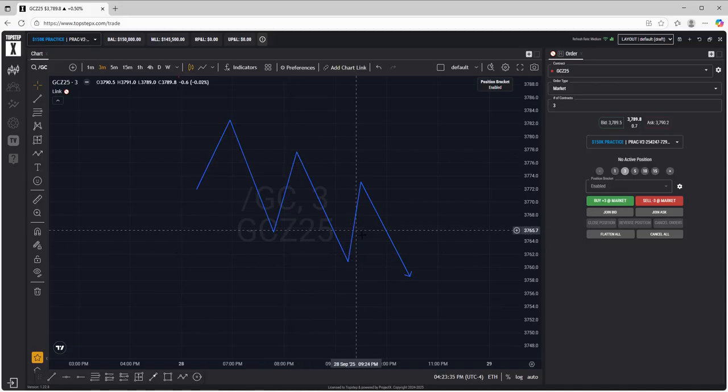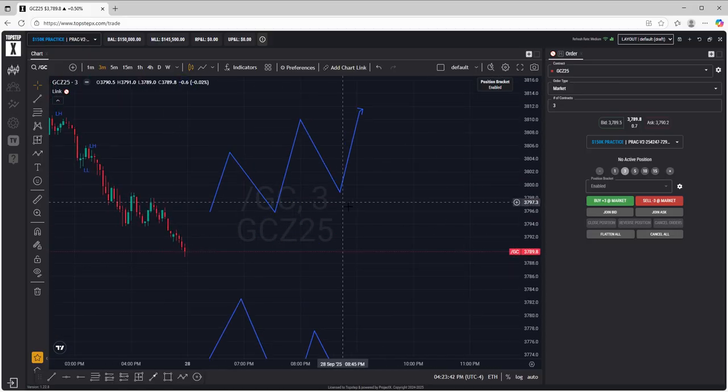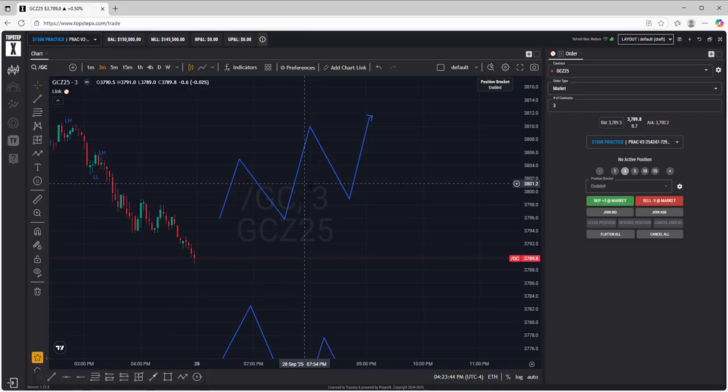You're catching the pullback to sell down. Here, previous low to the newest high, catching that pullback for the chart to continue in that trend. Again, you want that pullback.